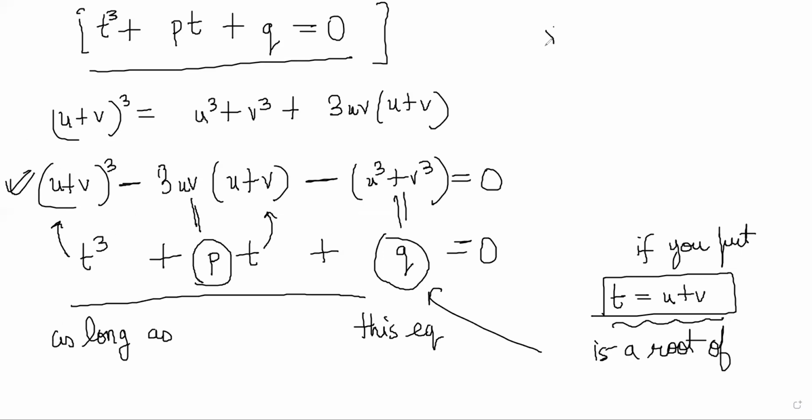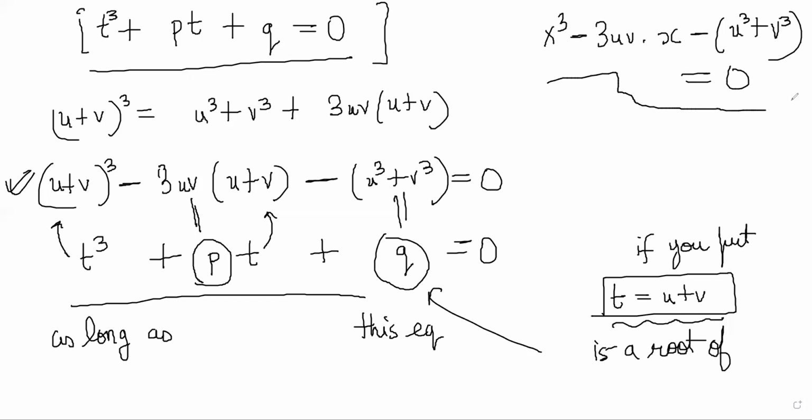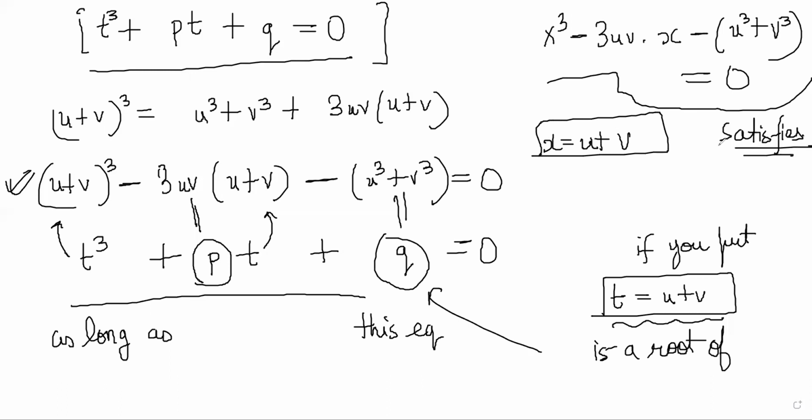So if I have an equation like x cube minus 3uvx minus (u cube plus v cube), suppose this was his equation, right? He knows that x is equal to u plus v satisfies this equation. So basically, by that, he's getting an idea of how to solve the cubic.